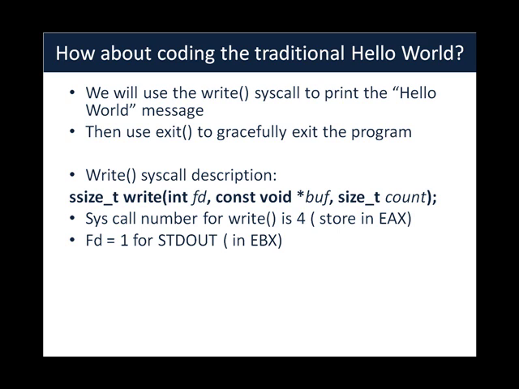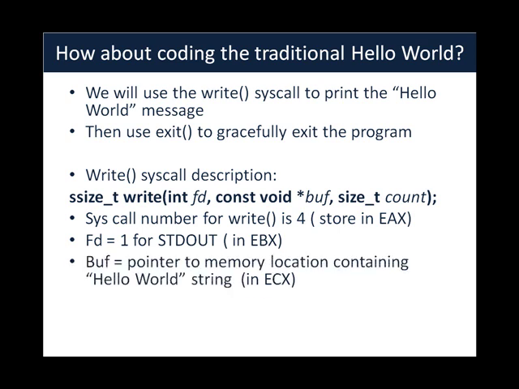So if you want to write to stdout, then the file descriptor needs to be 1. And this is what we are going to store into the EBX register. The third is a pointer to the memory location, which is going to contain our hello world string. And this pointer needs to be in the ECX register.